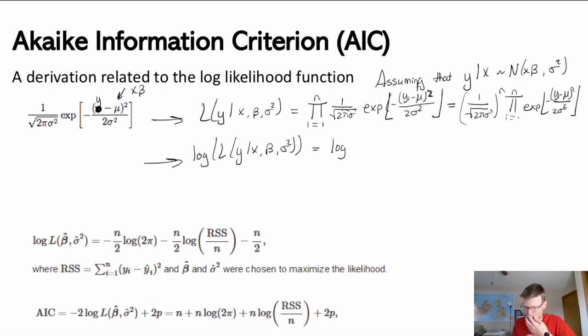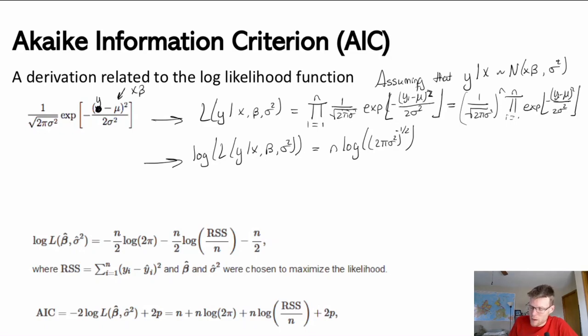All right, so then if I want to take the log of this function, I'm going to have n times the log of 1 over the square root of 2 pi sigma squared. You might remember that a square root is to the half power, and since it's in the denominator, I can put it in the numerator with a minus in front, so it's going to be 2 pi sigma squared to the negative 1 over 2 power.